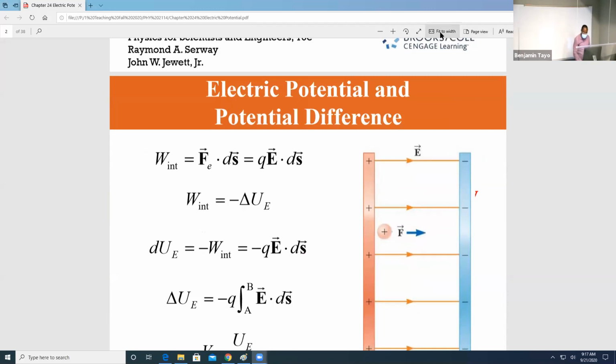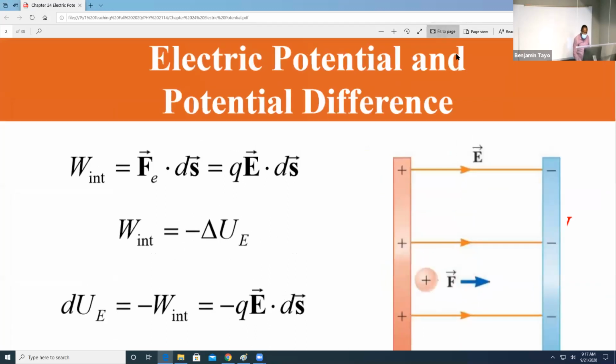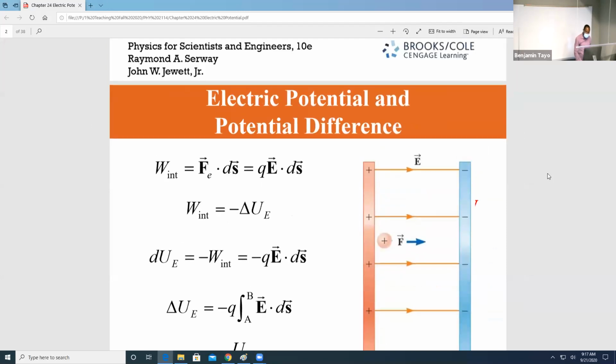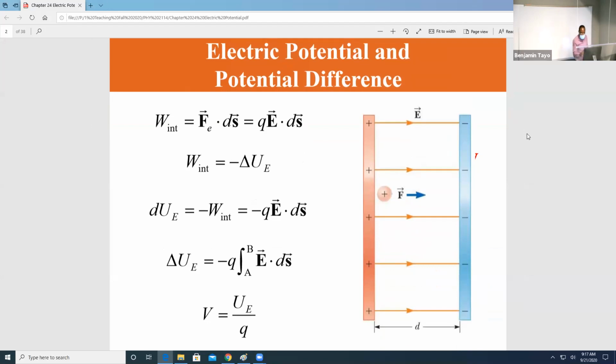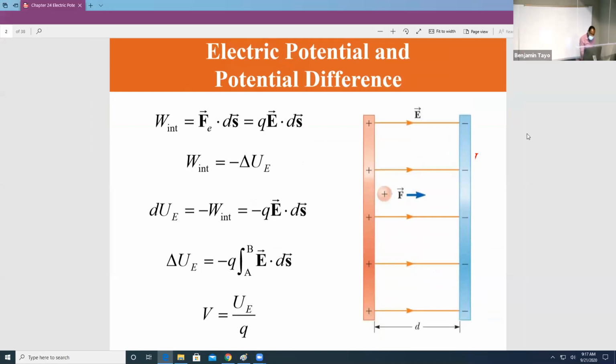Right, so let's just look at these summaries here. So in calculus, when you calculate this, it is called the walk. Here the int simply represents the internal energy of the system.